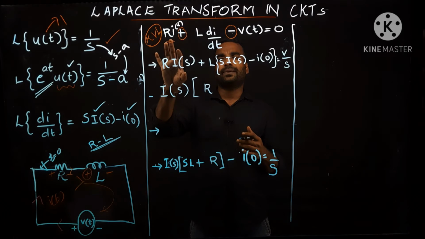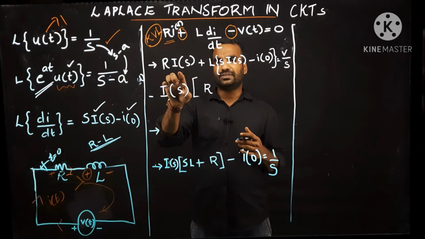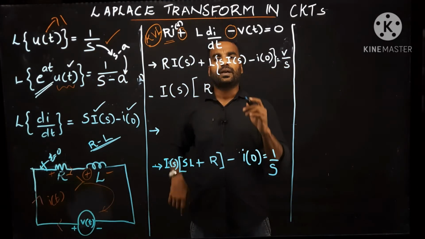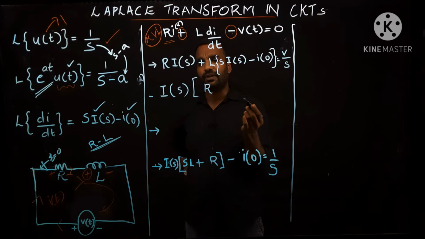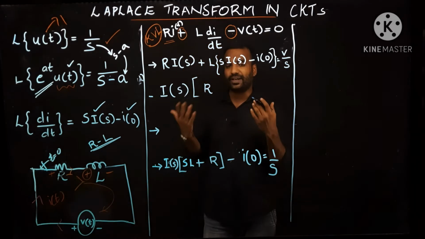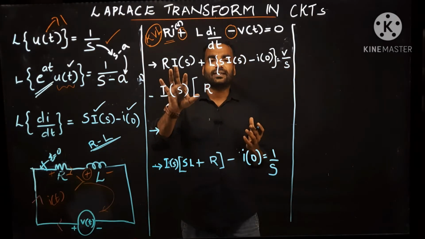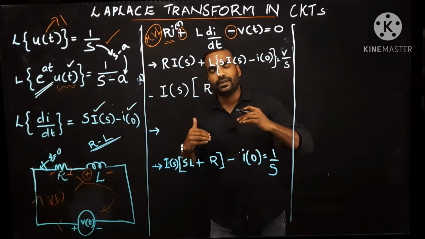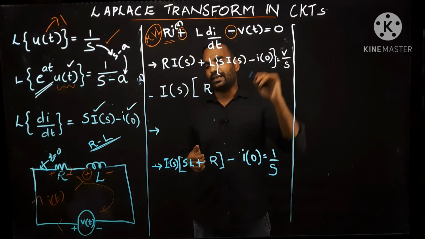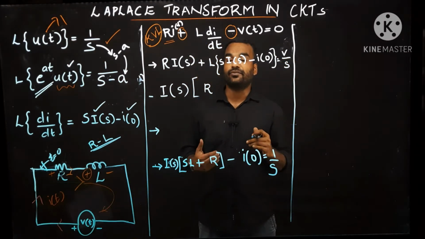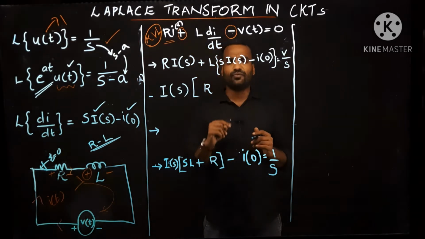By applying Laplace transform, I of t is converted into S I of S minus i of 0. Wherever we see I, we convert to I of S because we want to find that particular value of current. That's why from time domain it is I of t, and in frequency domain it is known as I of S. But V is not like that. V is a voltage that we are giving. It is a constant value. Suppose it is 1 volt.